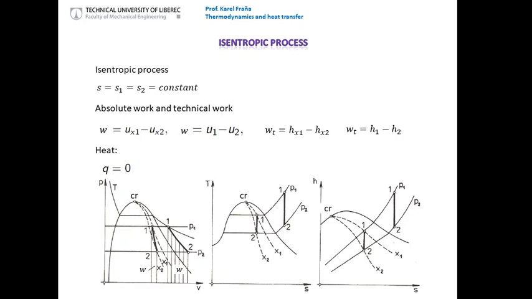In the HS diagram, the enthalpy-entropy diagram, it's as well very simple to indicate because the entropy is constant. This is a very important process because the expansion in the turbine, which is used for the cycles, or the pump, is based on the theory that we suppose the adiabatic process is an isoentropic process, and it can be used for the calculation.